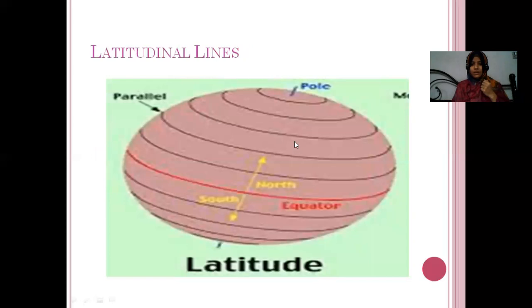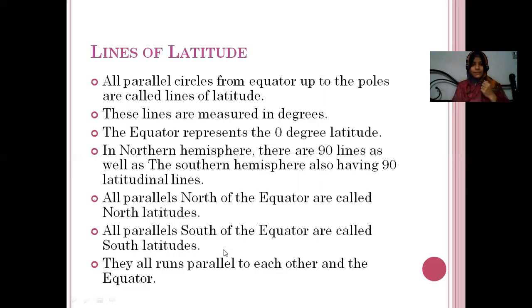All the parallels north of the equator are called north latitudes, and all the parallels south of the equator are called south latitudes. They all run parallel to each other and the equator.